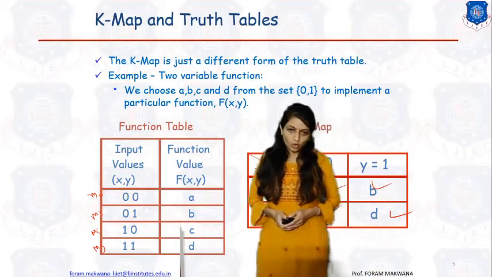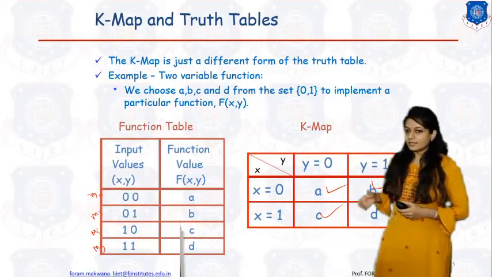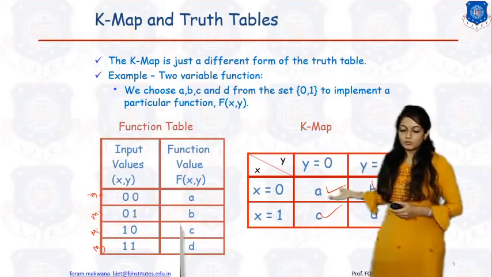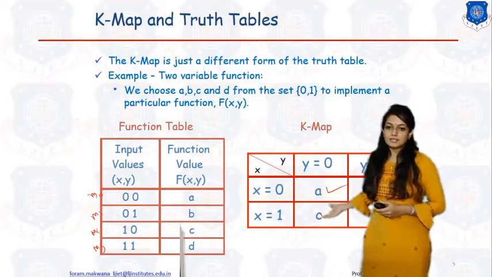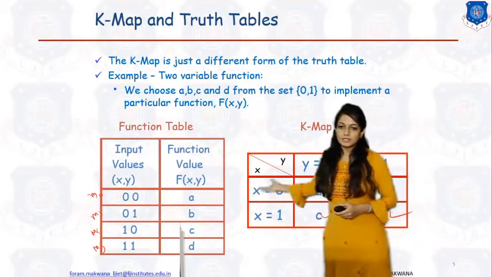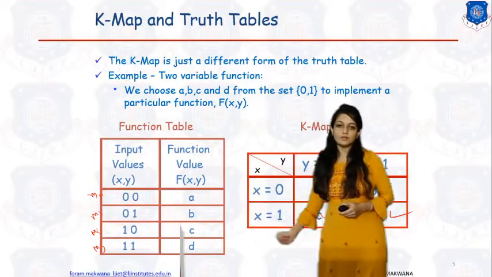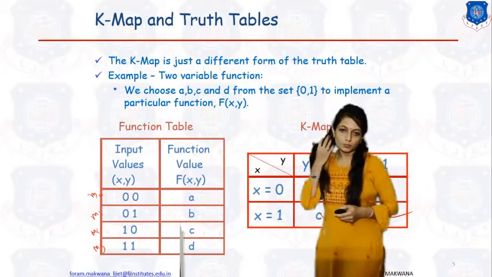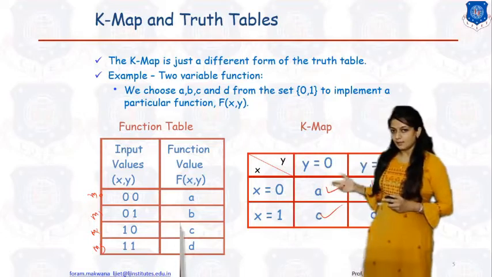First of all, we need to draw the 2 variable K-map in which x is equal to 0 and y is equal to 0. You need to place a, b, c and d at 0 0, 0 1, 1 0 and 1 1. So this is how we are able to place the function value inside the K-map.